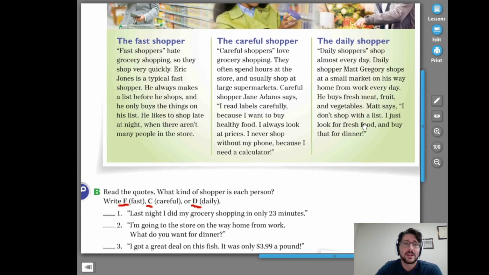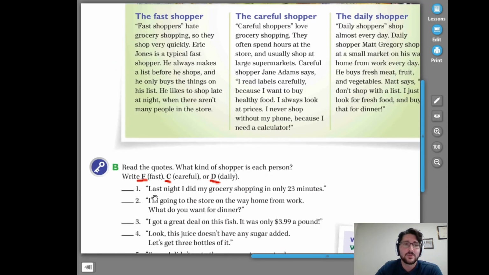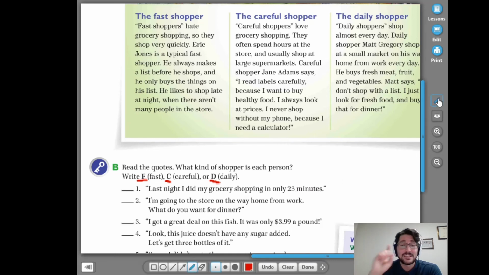Okay, so if we go back and read, which shopper, fast shopper, careful shopper, or daily shopper, do you think said this sentence, number 1? Last night, I did my grocery shopping in only 23 minutes. The key word is only 23 minutes. Wow, only 23 minutes.